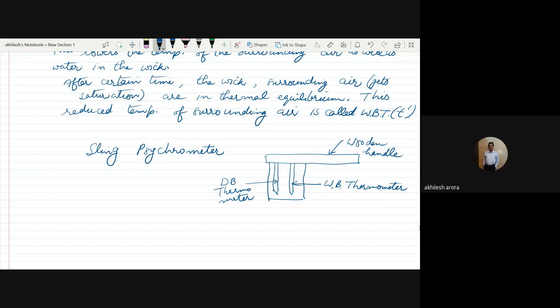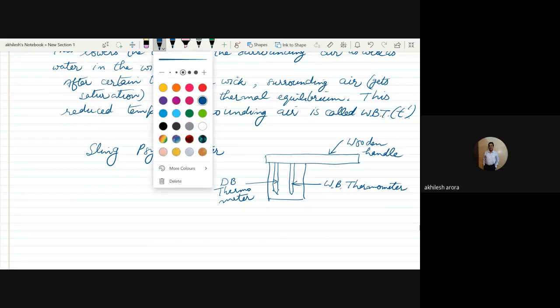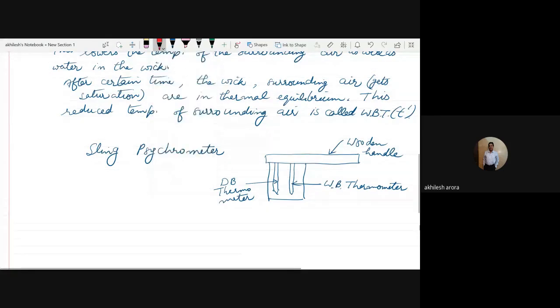So basically what you can see on the wet bulb thermometer, here we have the wick. Okay, we have the wick, and this wick is moist, means it's dipped in water, so it's carrying water actually.